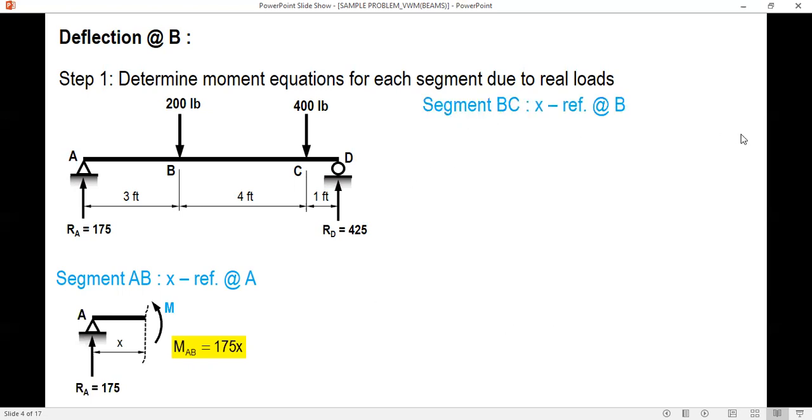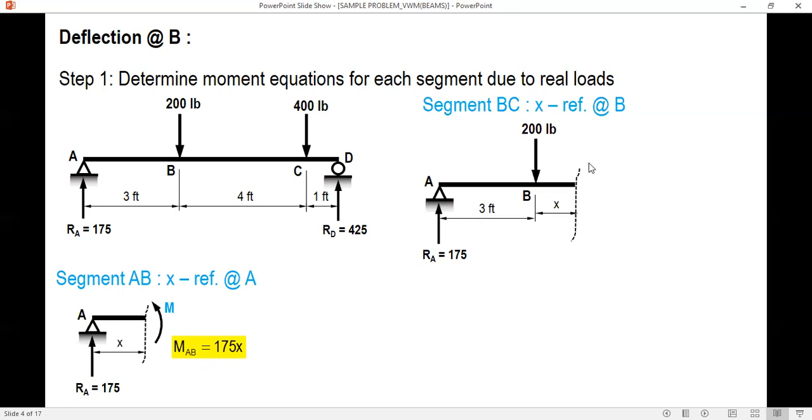Now for segment BC, this is our first solution. Let's refer x to point B. So x is referred at point B. Cut a section somewhere in between B and C. Since x is referred at B, x goes this way. And the distance from A to B is 3.